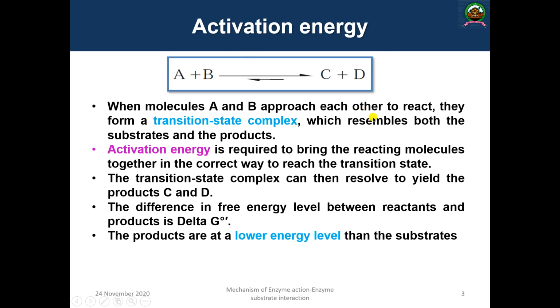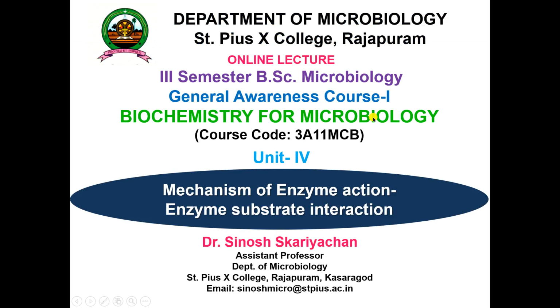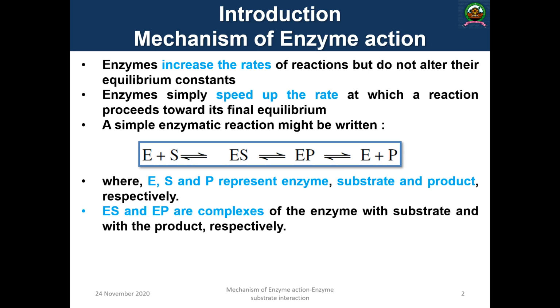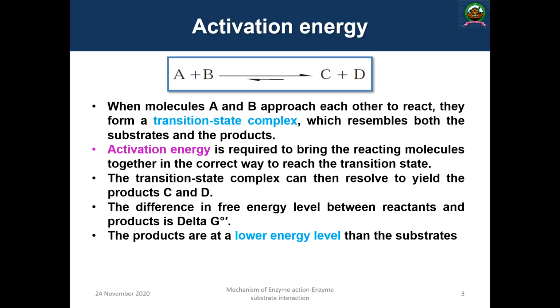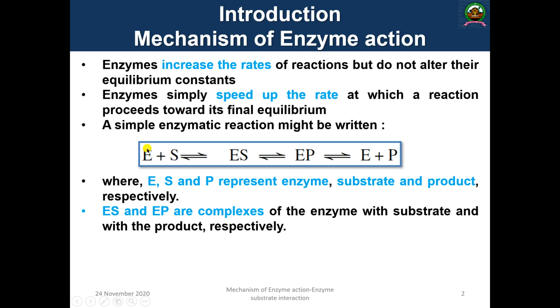And the most important thing in this mechanism of enzyme action is something called activation energy. Don't think the enzyme binds very specifically and immediately. It is not like that. The enzyme attaches to the substrate, checks the specificity, and checks the energy, and there is an energy of activation.